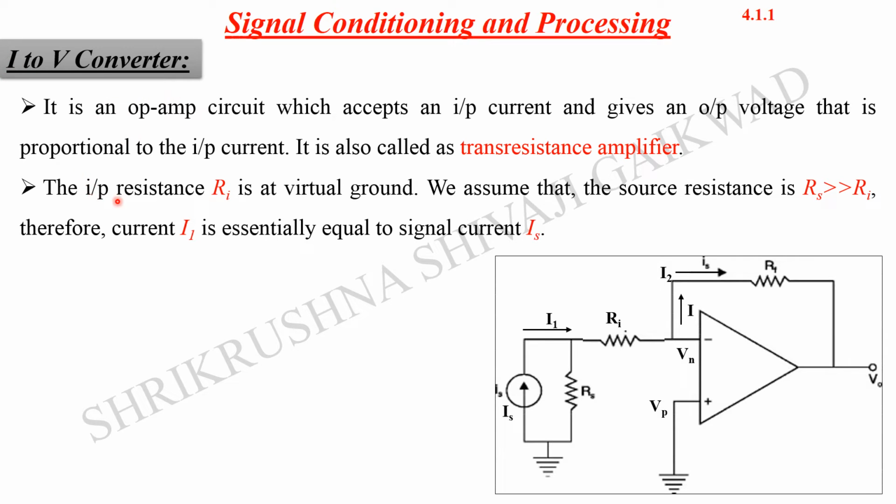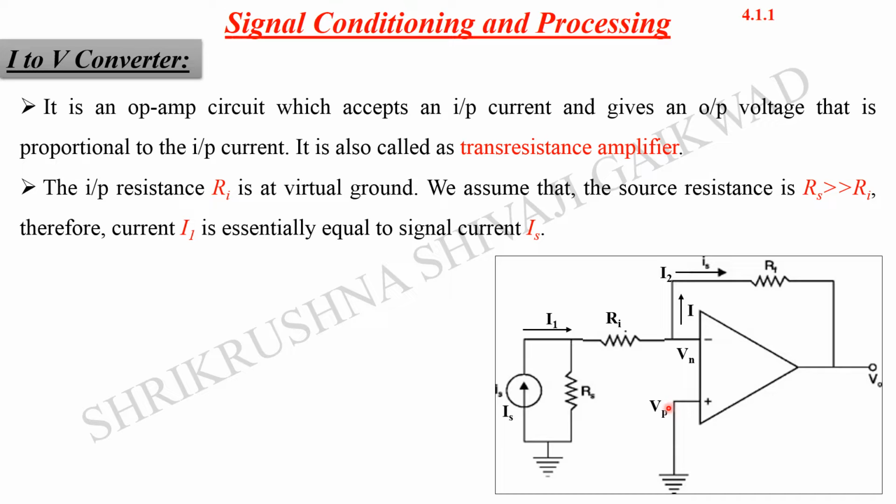If we look back at the characteristics of operational amplifiers, we know that it has infinite input resistance and zero output resistance, or impedance, we can say. And there is a very important concept of the virtual ground that comes into the picture while considering this kind of conversion.